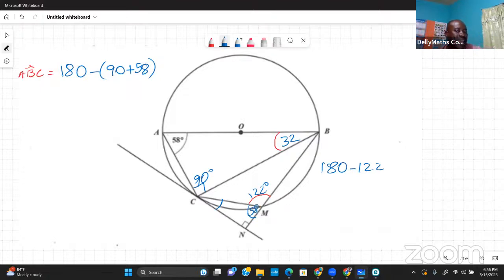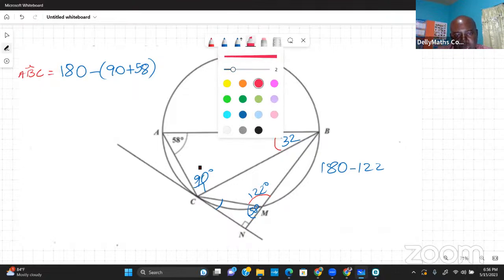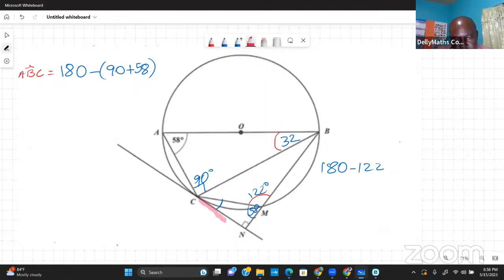So that is 58 in that little triangle there. Let me highlight the little triangle. Let me use the smallest pen. Here's the little triangle. So the angle I want is right over there, but I have 90 degrees in that little triangle. I have 58. So right now, I can figure out what this angle is right there, right?